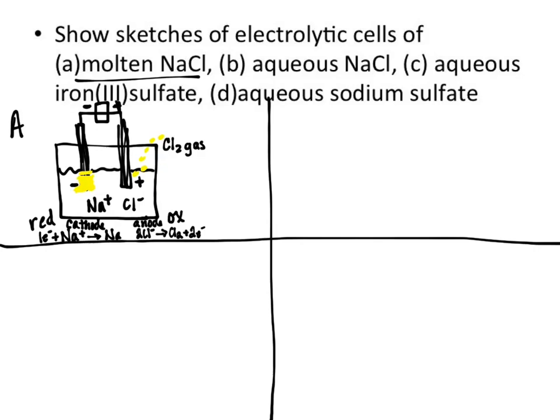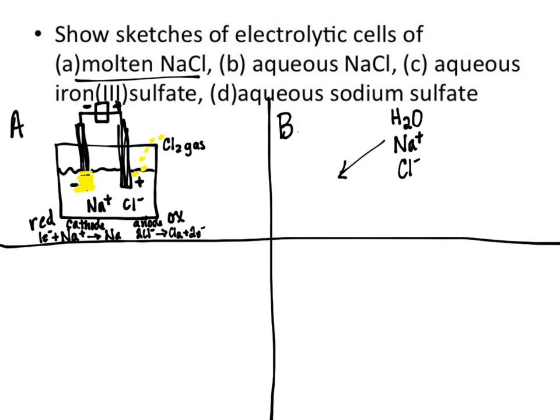Okay, so now let's do B, which says to do aqueous sodium chloride. If we have aqueous sodium chloride, then what is available for us to undergo oxidation and reduction? We have water. What else do we have? We have sodium ions and we have chloride ions.